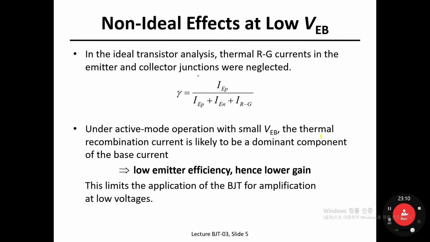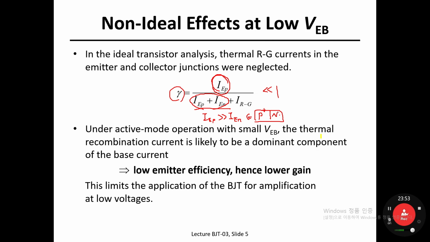Gamma was defined as the portion of emitter current by holes divided by total emitter current. So the maximum value of the emitter efficiency is 1. We would like IEP to be much higher than IEN. For that purpose, the emitter side should be very heavily doped and the base side relatively lightly doped. So a P plus N junction is necessary to achieve very high emitter efficiency.